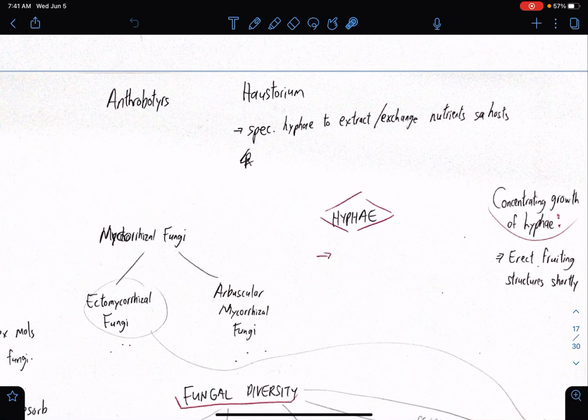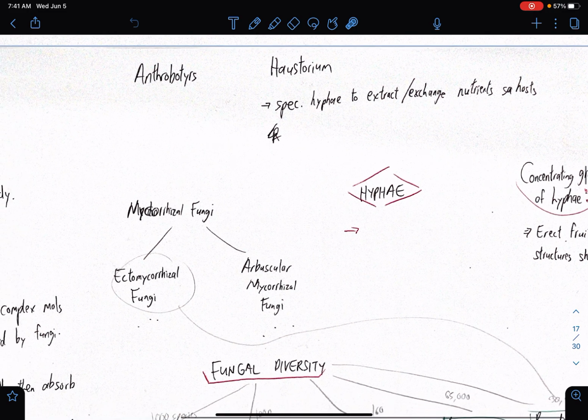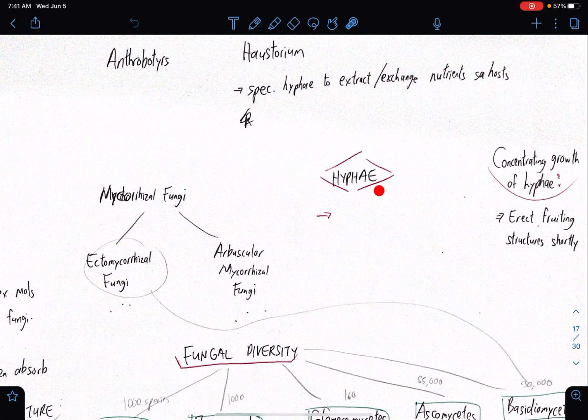Haustoria are specialized hyphae to extract or exchange nutrients at the hosts. Hyphae are one feature of fungi. I'm not sure about the exact definition. Concentrating growth of hyphae, erect fruiting structures shortly. I'm not sure what that means.